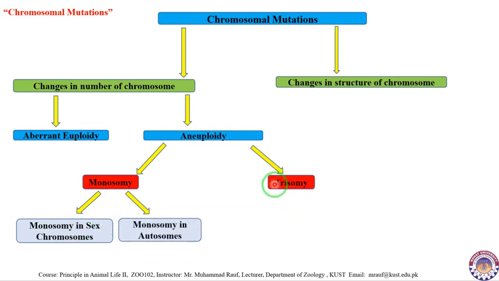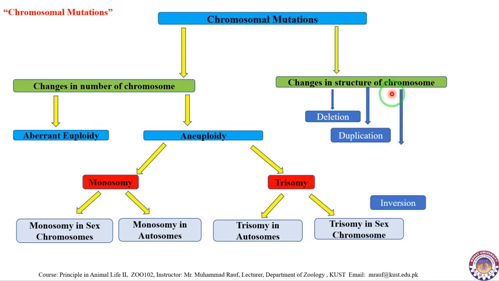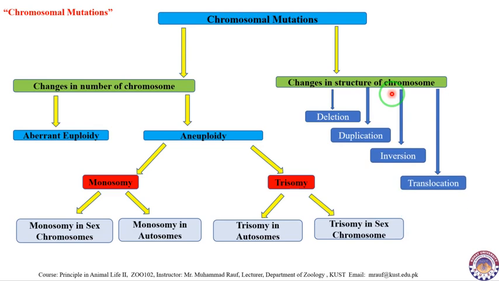Similarly, the one chromosome which is an extra copy can be an autosome or it can be a sex chromosome. And here, change in the structure of chromosome can be deletion, duplication, inversion, and translocation.